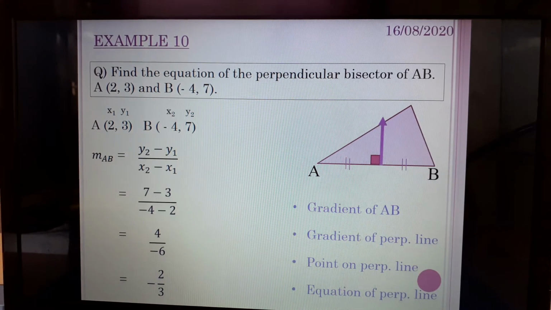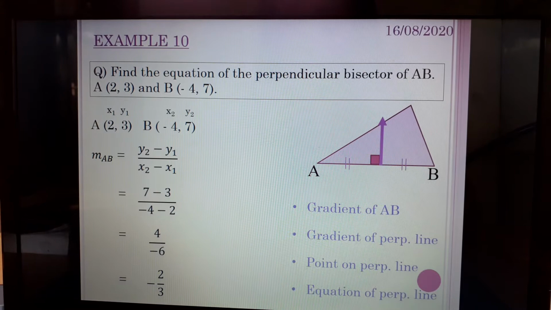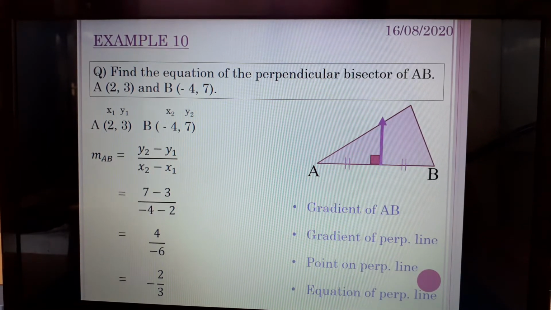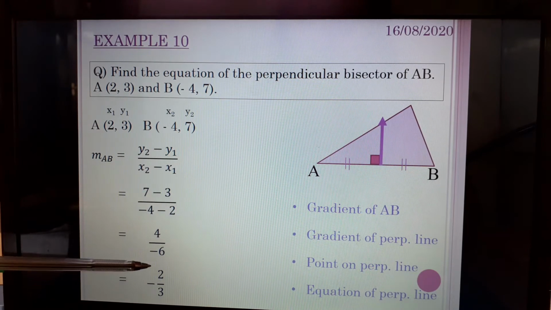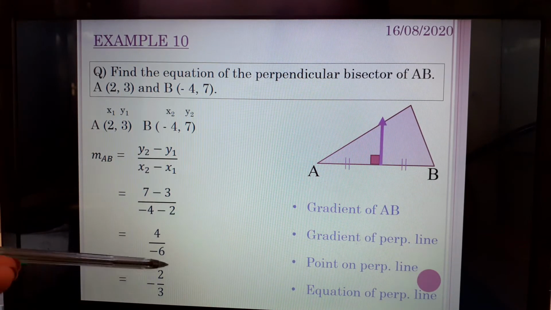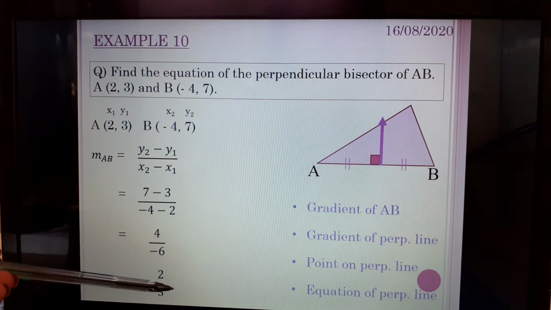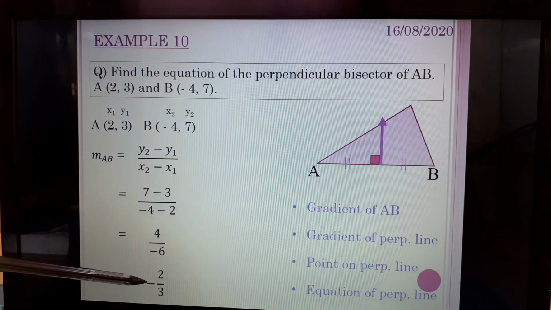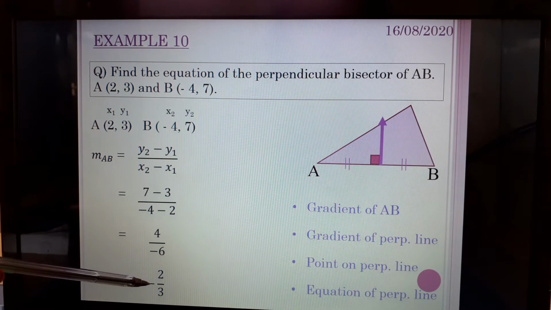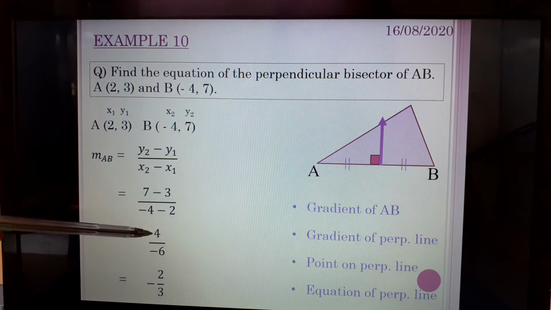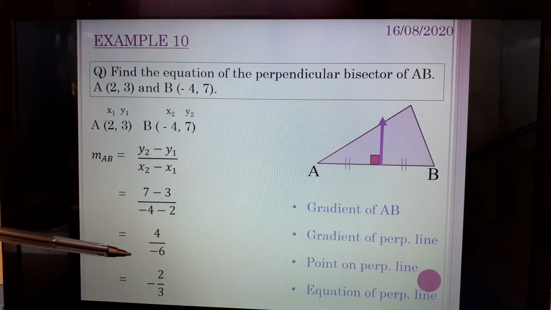So remember how you then find the perpendicular gradient. You turn the fraction upside down and you change the sign. So that's why it's important that you look to see what the overall fraction is. It's an overall negative. An overall negative will become an overall positive when you do the perpendicular gradient. A common error that people make is they make that negative positive, but keep it still as an overall negative.